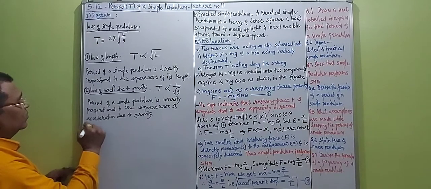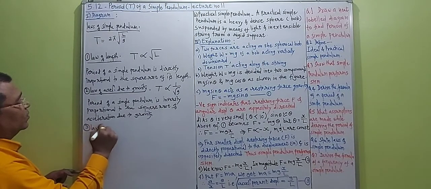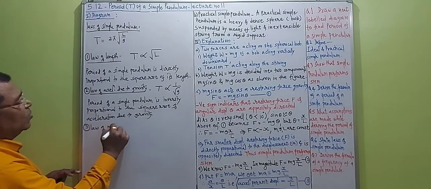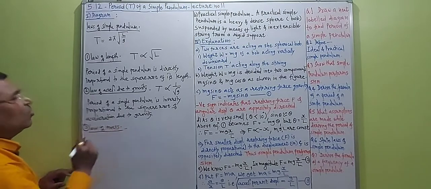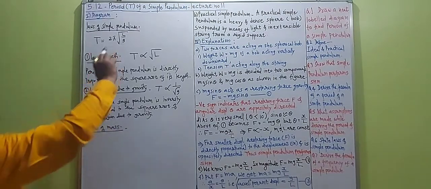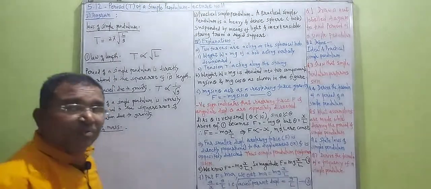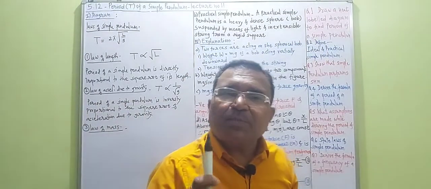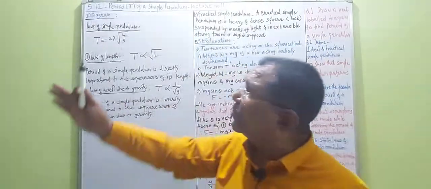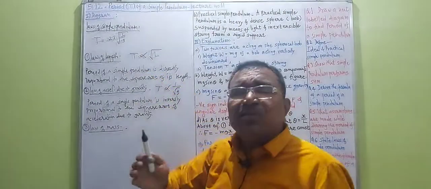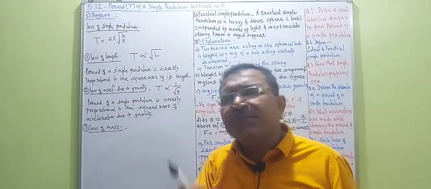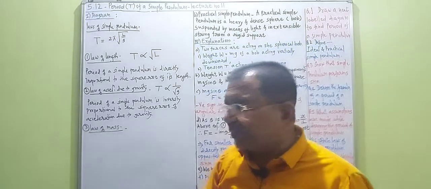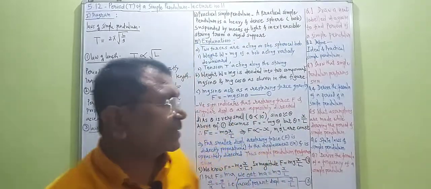Number 3, law of mass. Here, mass of the pendulum, small m, is absent in the formula. No mass. So period of a simple pendulum does not depend upon mass of the pendulum. That is law of mass.